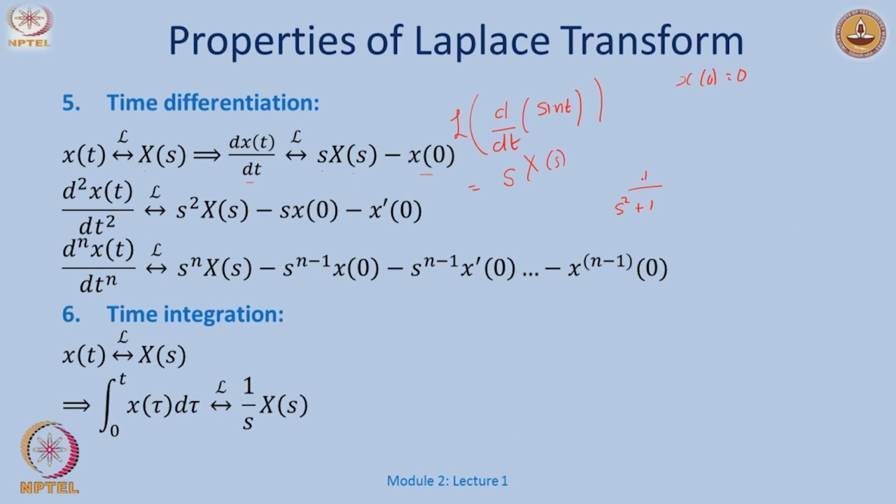Now, what is x of s? This is 1 over s square plus 1, and therefore, the Laplace transform of d/dt of sine of t would be s multiplied by the Laplace transform of the signal itself, and this is again nothing but the Laplace transform of cos of t, as we had verified earlier.